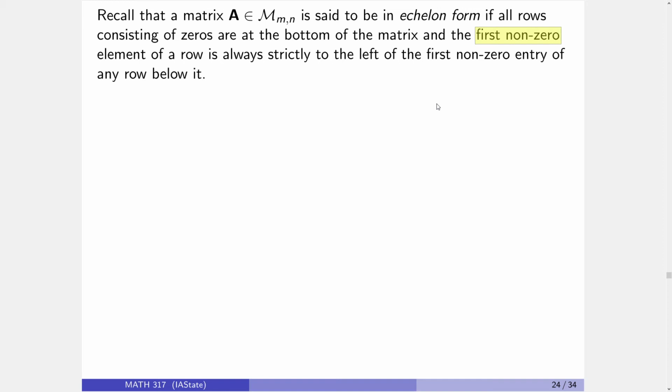Something that I had mentioned was that the other thing that people usually throw in is that all the rows of zeros are at the bottom. And when I first talked about it, I was like, yeah, you can do that. Who cares? But when I was working on these slides, I realized, oh no, there's actually exactly one spot where you actually need that condition.